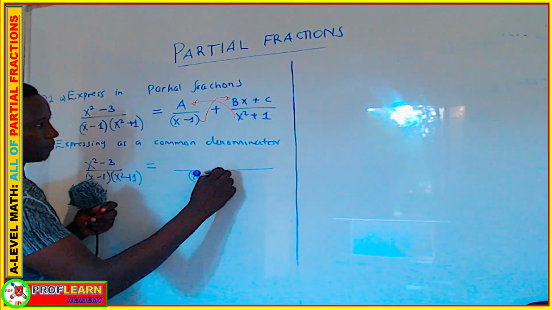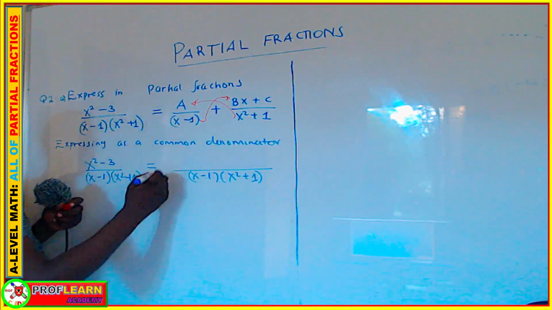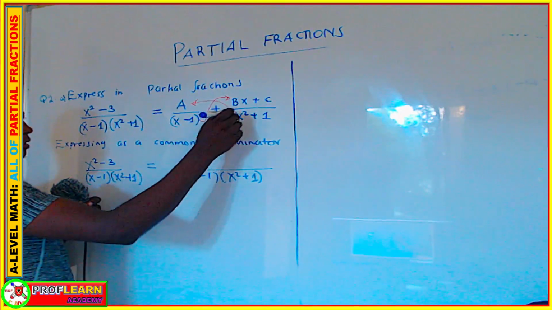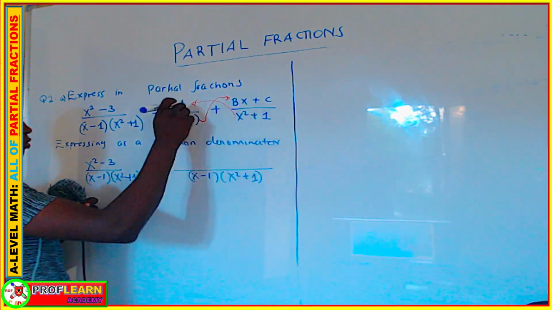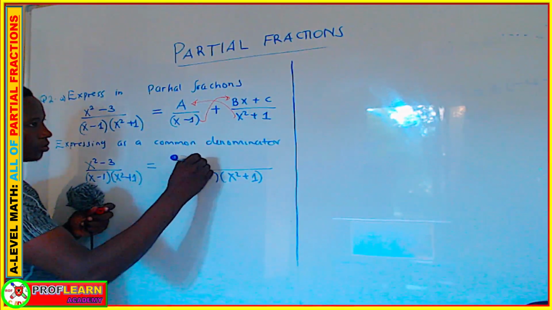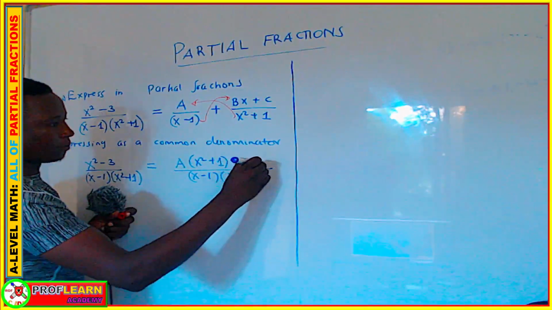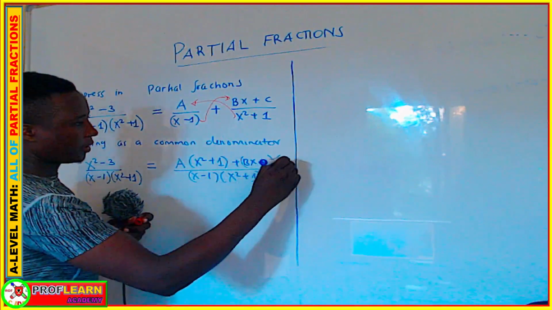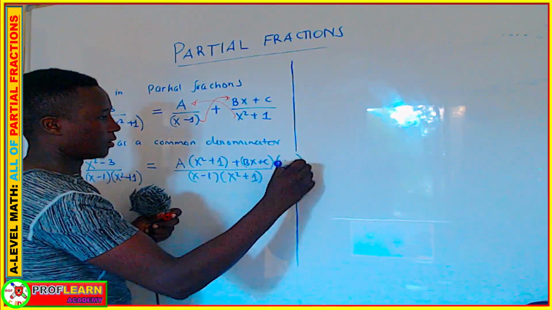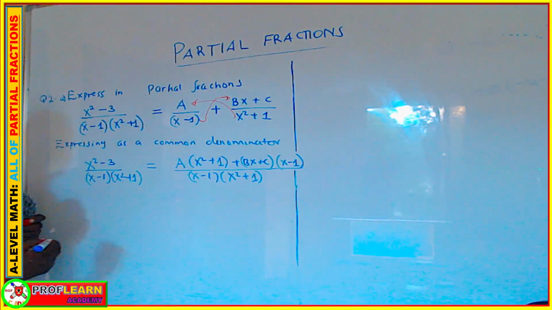We multiply A by the quadratic part of the denominator, x squared plus 1, and then Bx plus C multiplied by the linear part of the denominator, x minus 1.